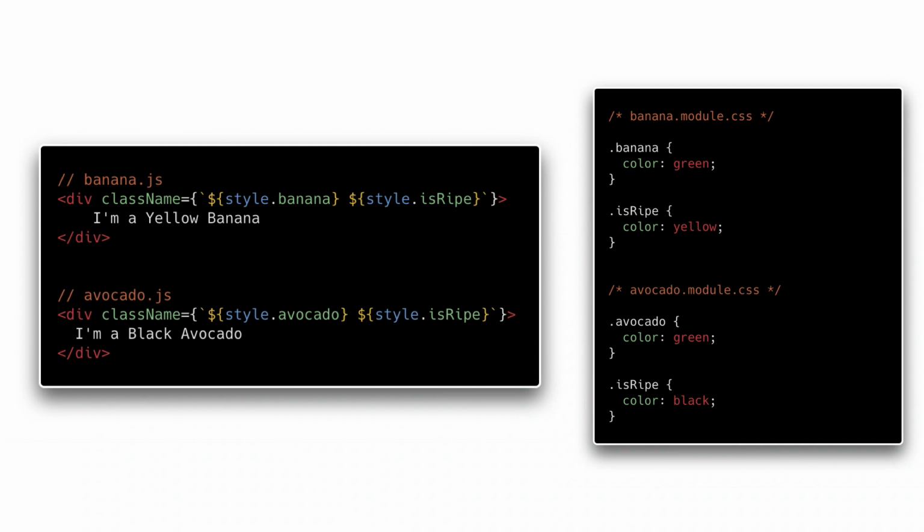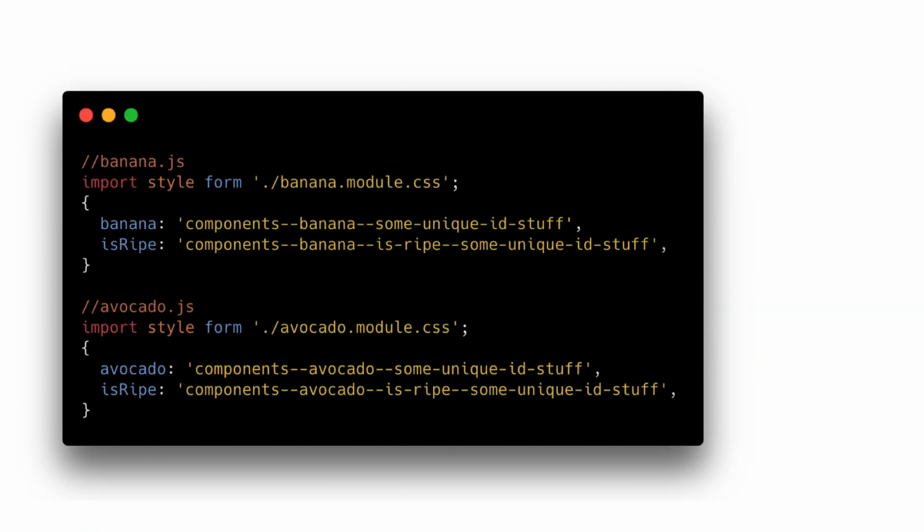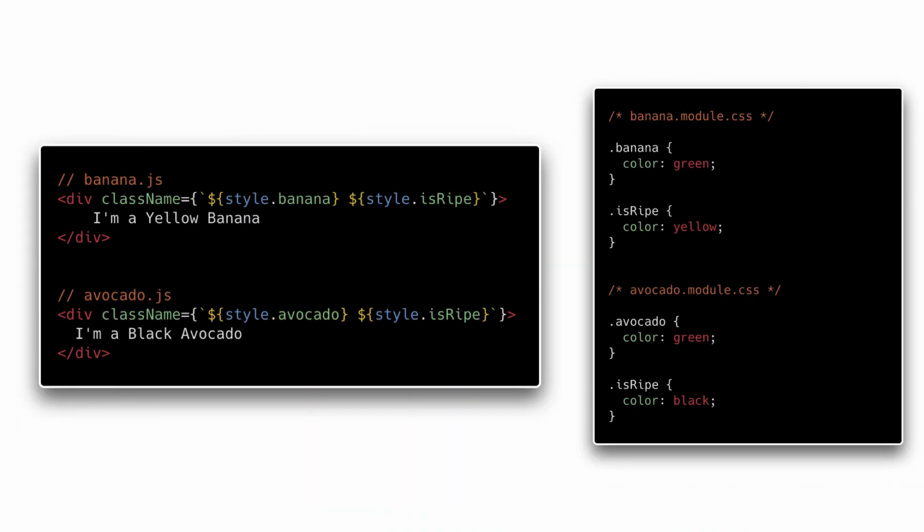This is like a React JSX component. And the great part about this is both of these components are using a class called isRipe, and there would be no conflict because you have these transpiled classes. When I access style.isRipe in avocado, it's going to make it black, and when I do it in banana, it's going to make it yellow.